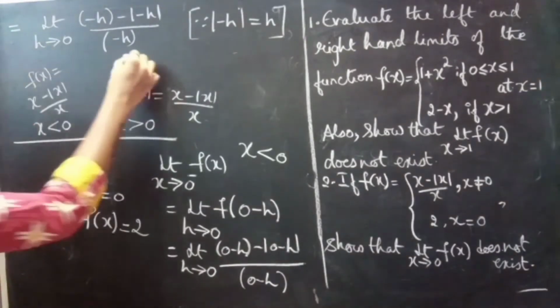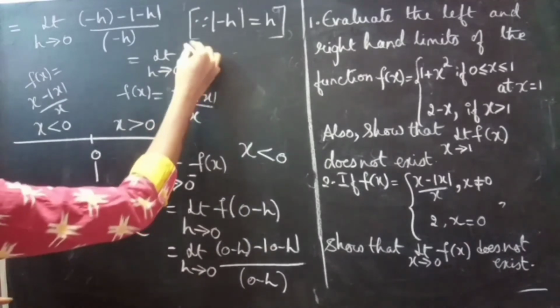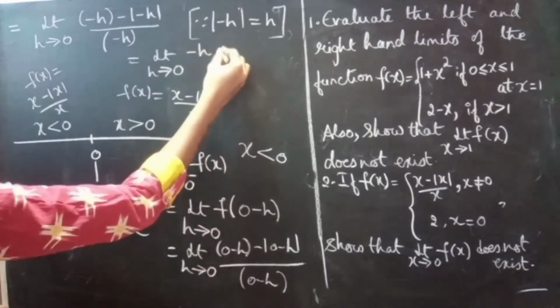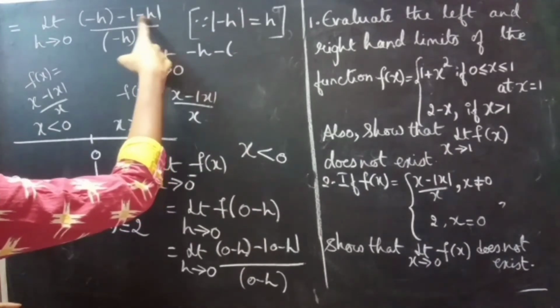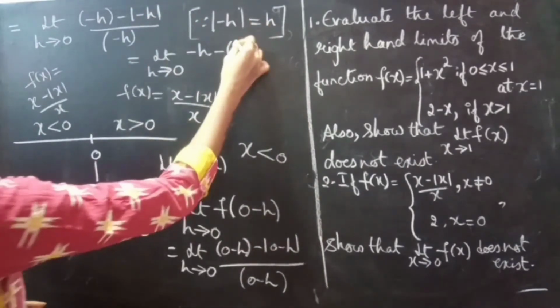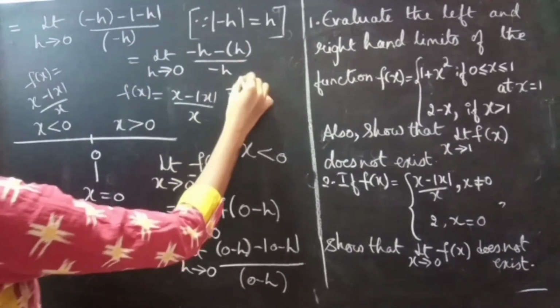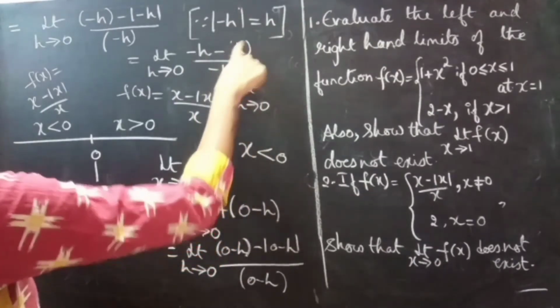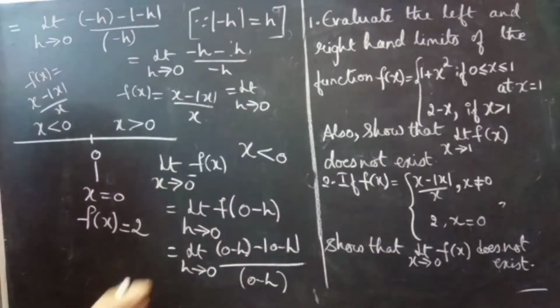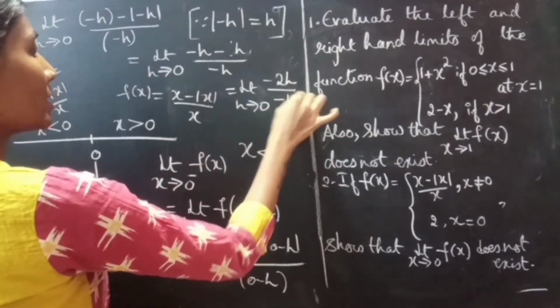So this equals limit h tends to 0 minus h minus of mod minus h, that is h, divided by minus h.